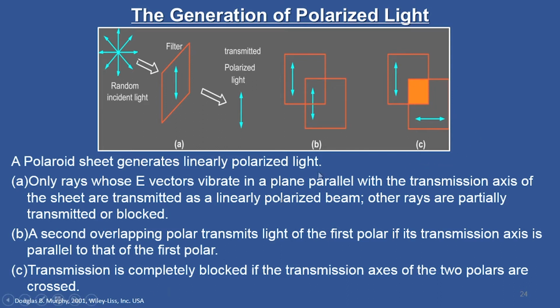And in the case of C, the transmission is completely blocked if the transmission axes of the two polars are crossed. Since these two filters are kept in a crossed orientation, the transmission is completely blocked. So, this is how the polarizer filter will behave.